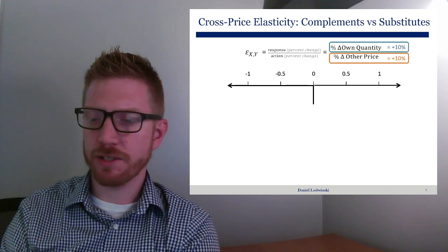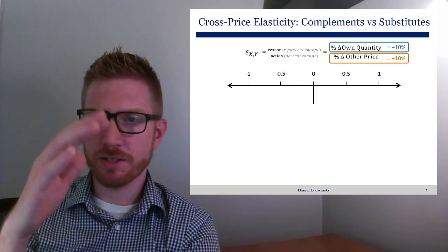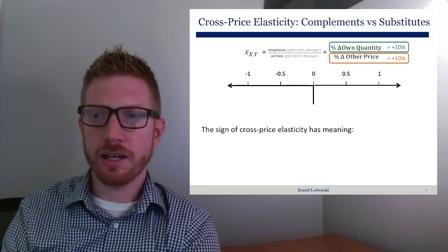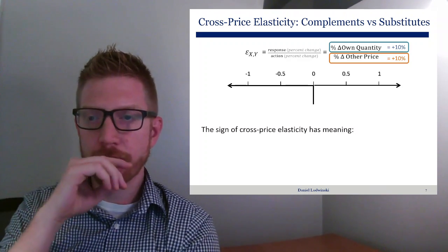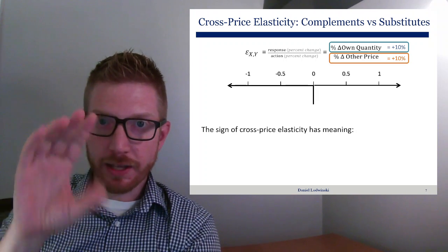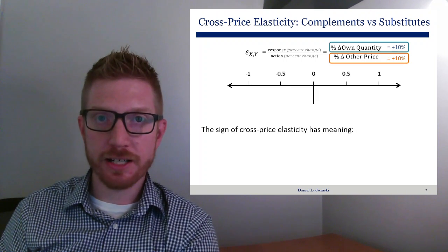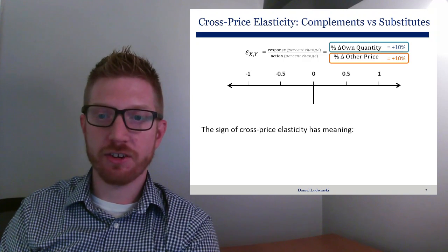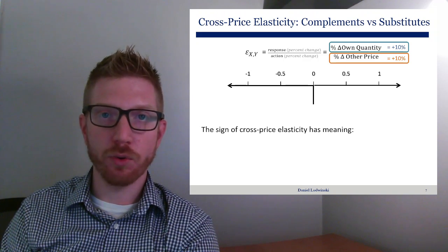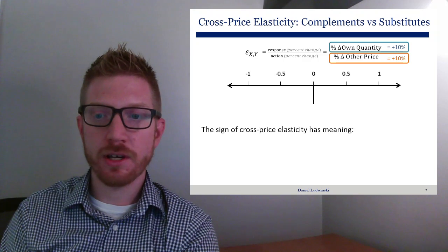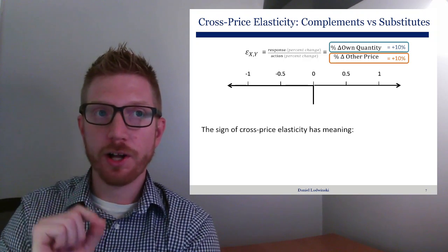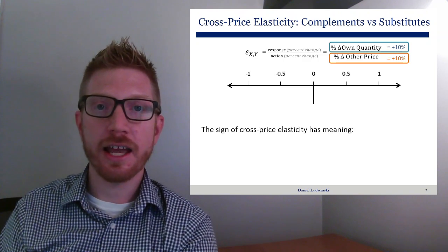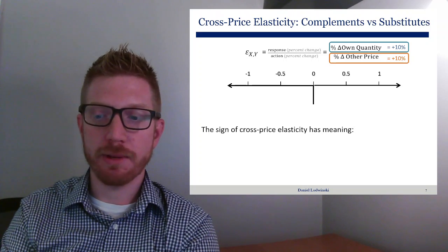If the price of tea goes up 10%, maybe we see a 10% increase in our own quantity. Now, with the elasticity of demand, because of the law of demand, elasticity of demand is generally negative, and we ignore the sign a lot of the times. The sign of the cross-price elasticity has important meaning.